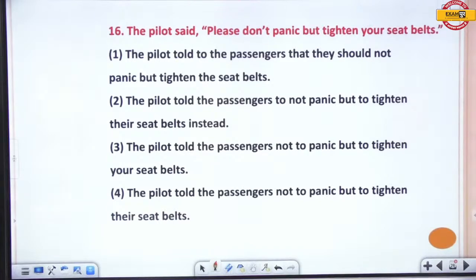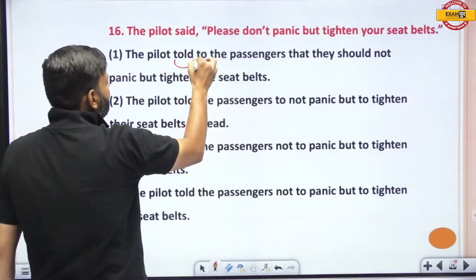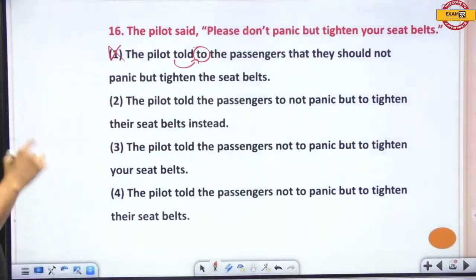Question number 16. See, told is never followed by to, so eliminate this option.